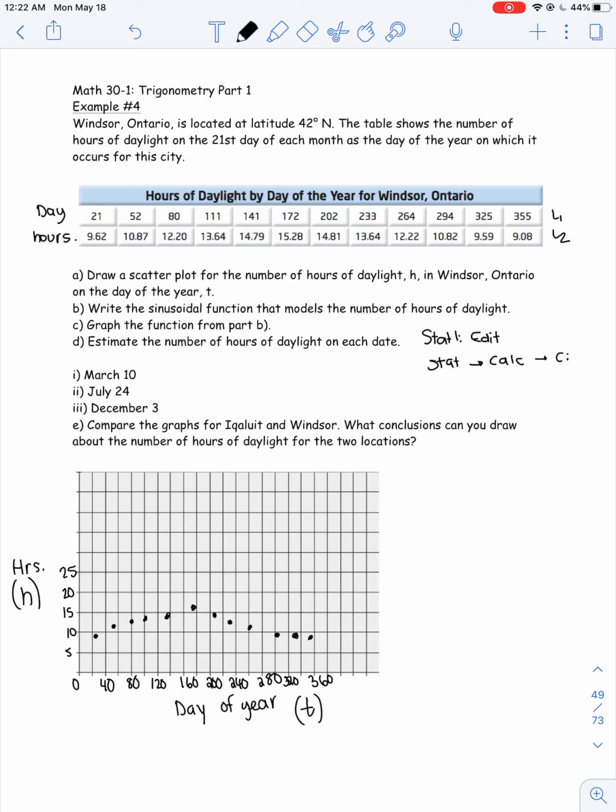Okay, so Stat, Calc, letter C, and then you're going to calculate your regression.